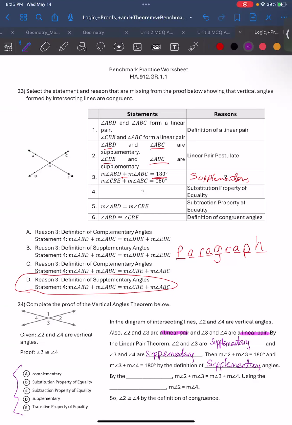Again, paragraph proofs are wordy, so you might see the same thing rephrased like 3 or 4 times. They said they're vertical angles, then they said they're a linear pair. By the linear pair, they're supplementary. Then if I rewrite it as adding them up and equaling 180, they're supplementary.